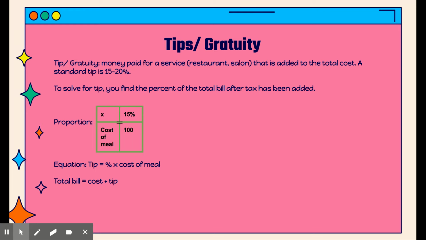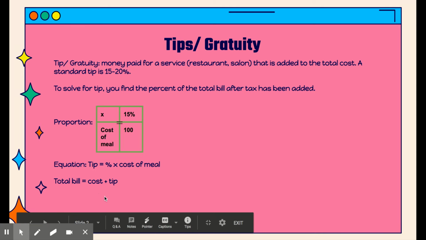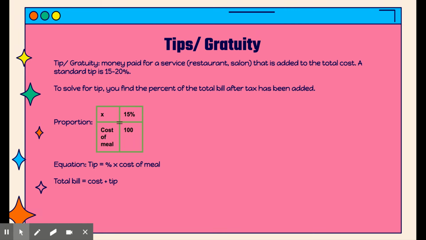You would change it to a decimal and say 0.15 times $30, and you would get the amount of tip you need to leave. And then your total bill will be the cost plus the tip. So say if your tip is going to be $5 and your bill was $30, 30 plus 5, you'll have to pay $35, okay?